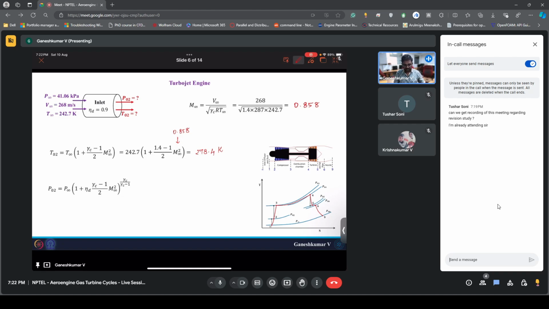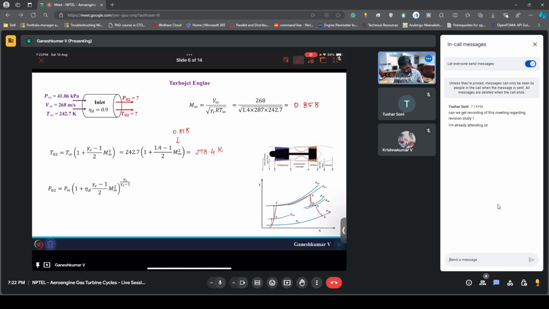Then we have P02 here, which is nothing but the inlet to the compressor, or the pressure after the exit of the inlet.